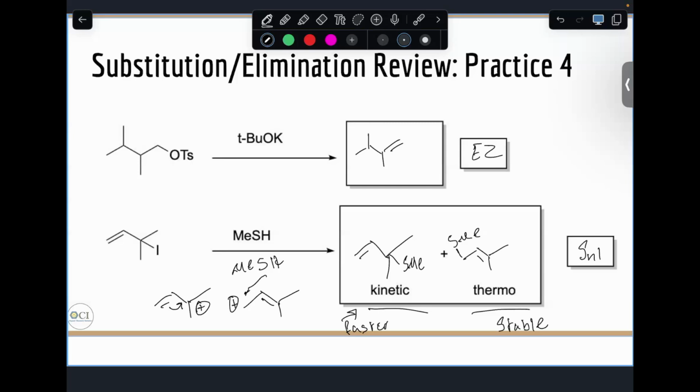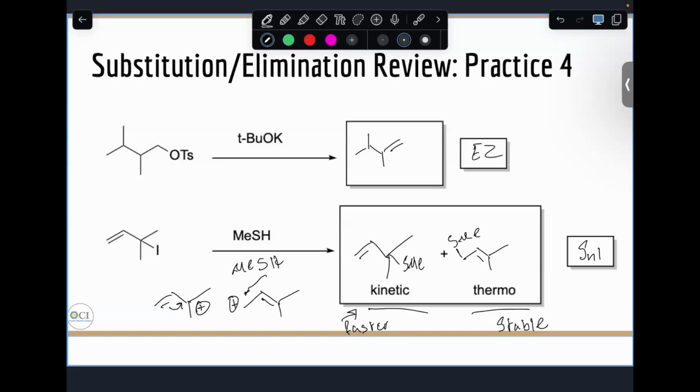If you remember when we talked about alkene stability, anytime you can get more substituents, it's a more stable alkene. And whenever you can have groups on opposite sides, like E alkenes, that's also going to be more stable than Z. So that would be what determines your thermo product, if that makes sense.